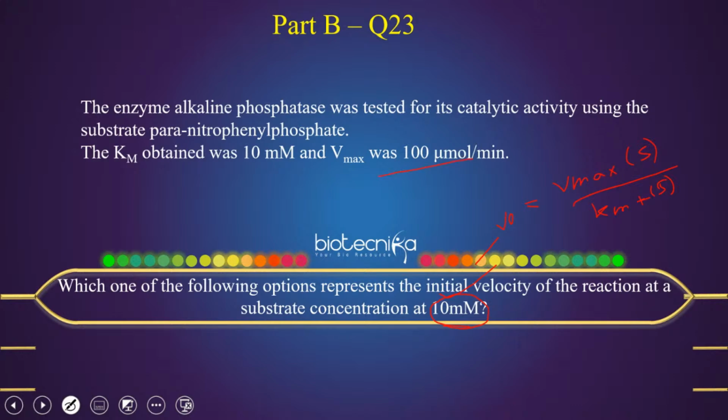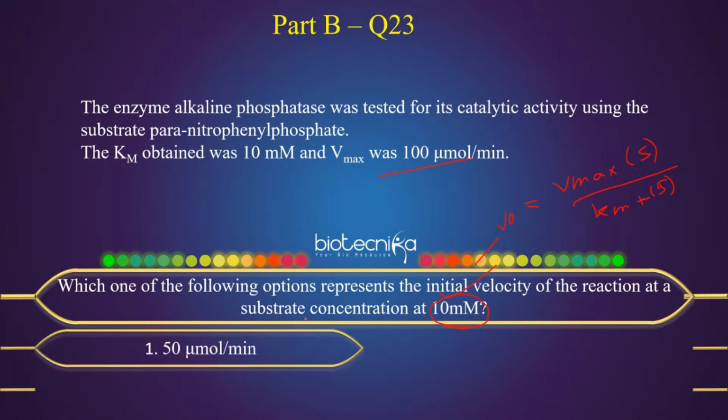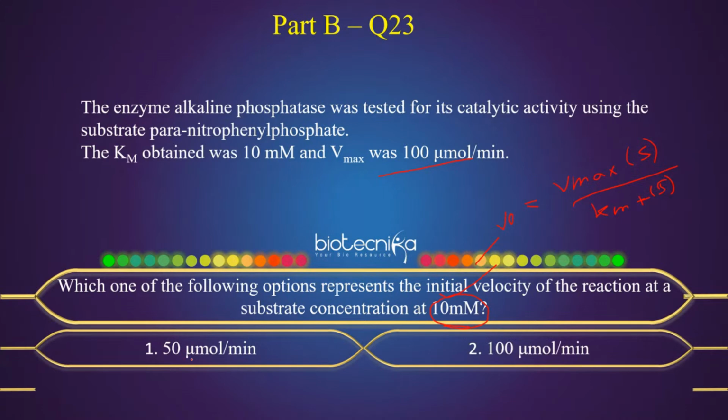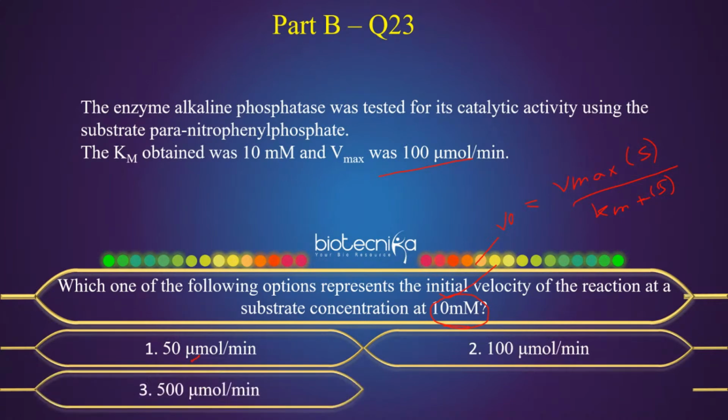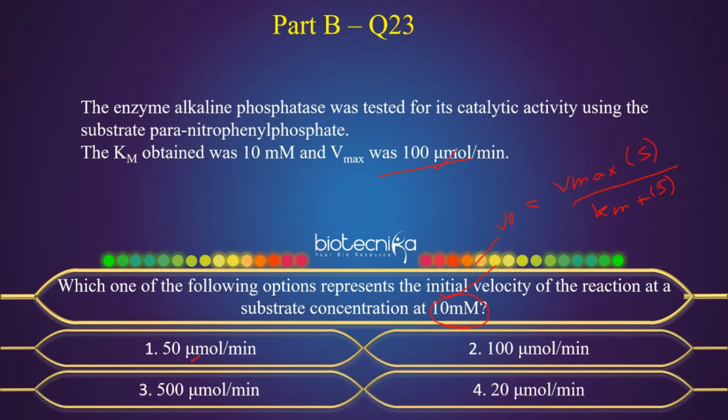So we need to see what unit they have asked the answer in. They have given micromole, so you can keep the Vmax in micromole. Millimolar you can convert into micromole, so to go from milli to micro, you have to multiply by 10 to the power 3. Even the substrate concentration you have to convert into micromole, and then calculate the V0.